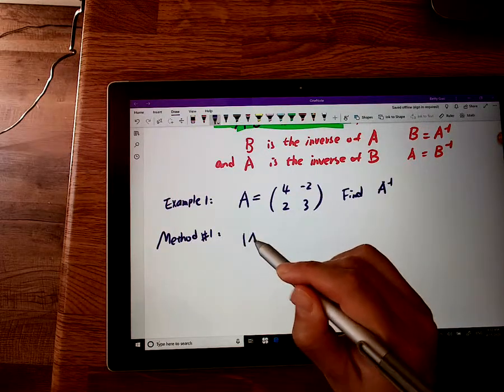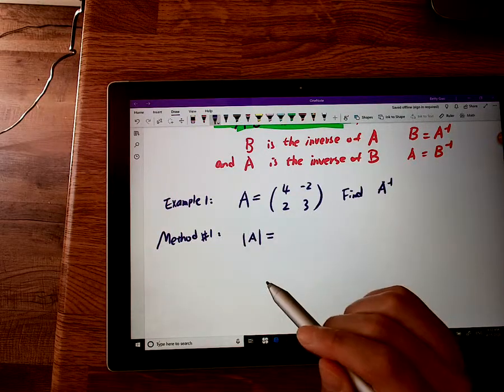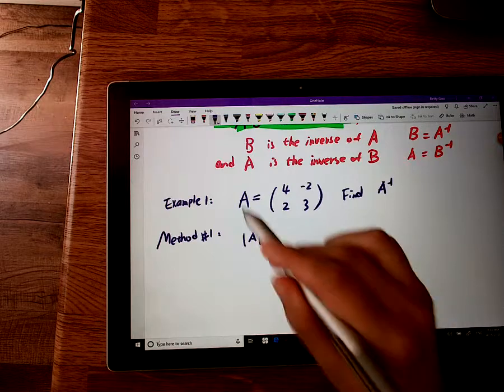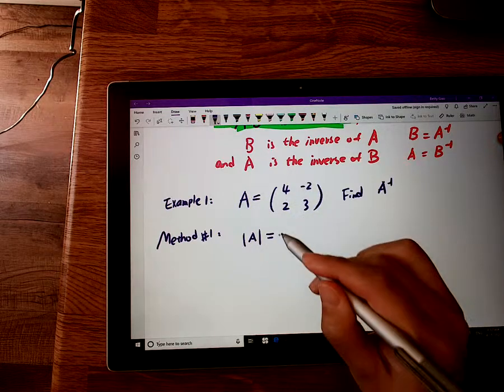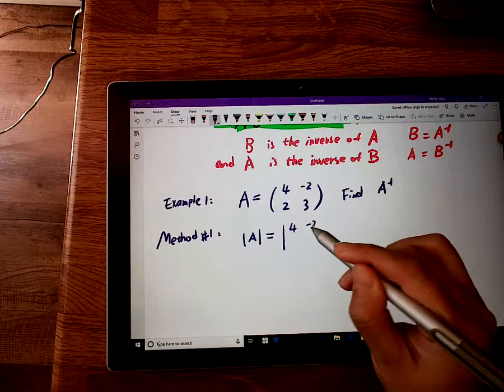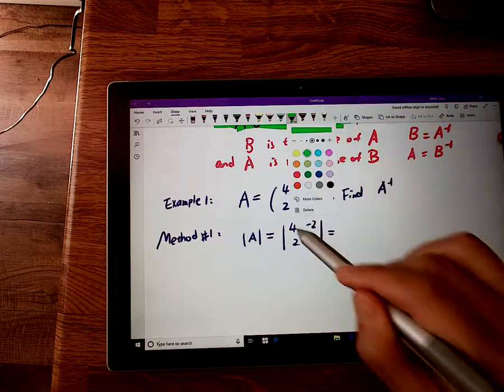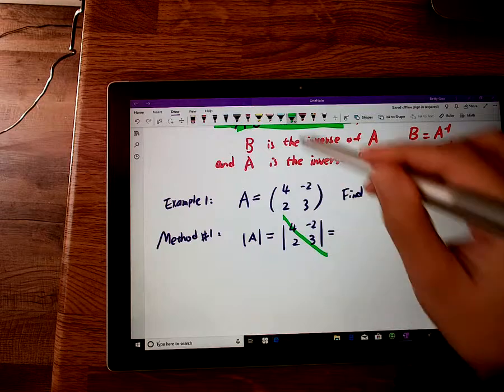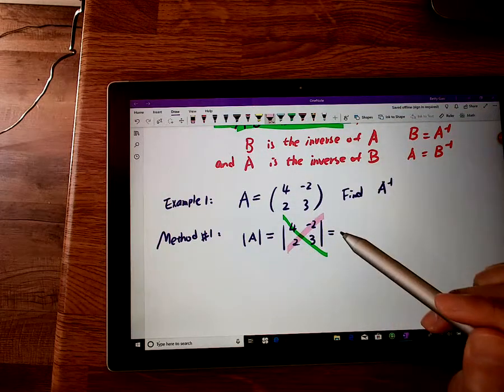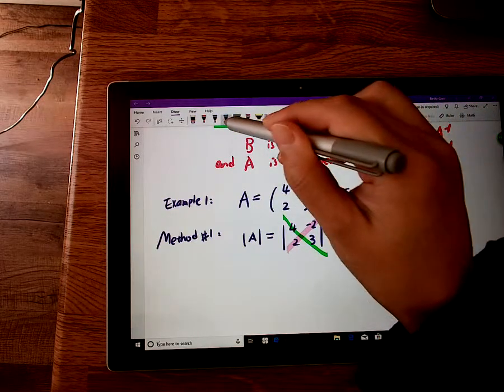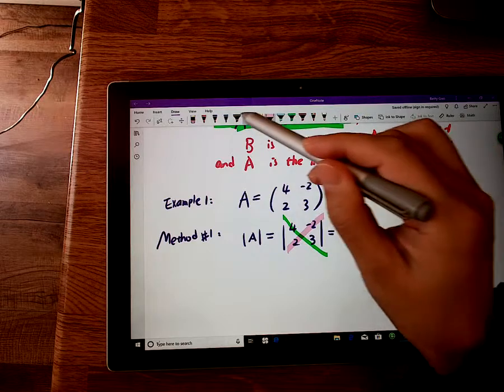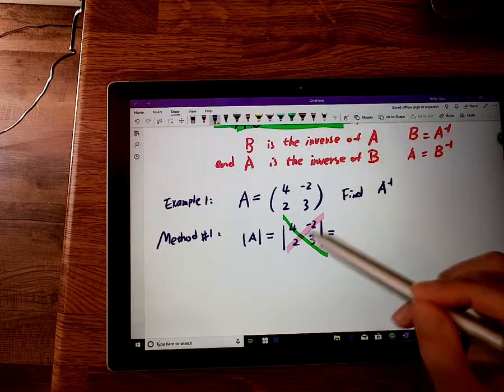Firstly, I need to evaluate the determinant of the 2 by 2 square matrix, which is 4, -2, 2, 3. In previous videos, I have introduced how we evaluate a 2 by 2 determinant. The green direction is the main diagonal.